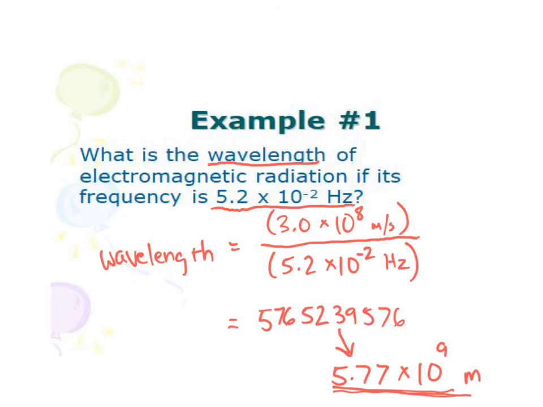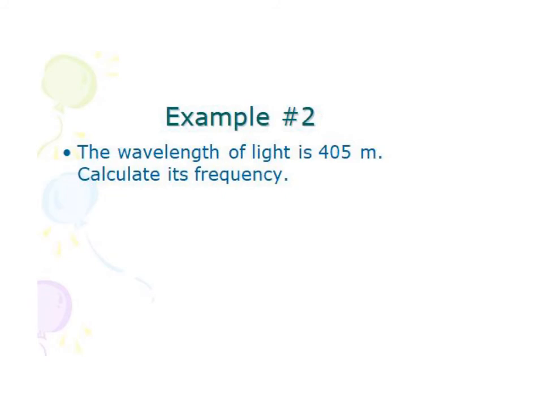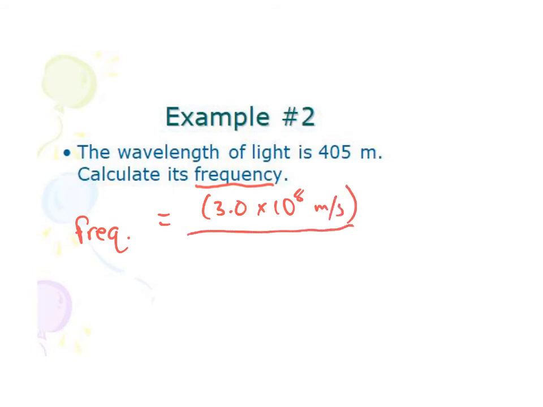Okay, let's try the other calculation. All right, the wavelength of light is 405 meters. It says calculate its frequency. So I'm looking for frequency. Frequency is 3.0 times 10 to the 8th meters per second divided by 405 meters.